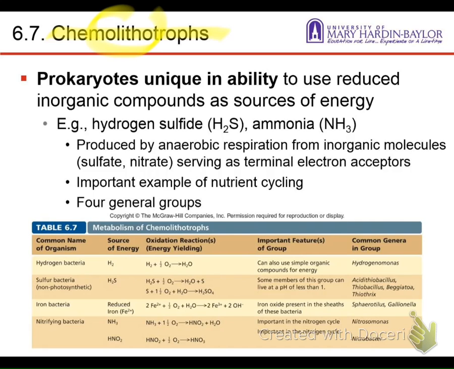Inorganic, right? That's what the litho part tells you, that they get their energy from inorganic molecules. And these guys typically are going to be heterotrophs, even though it's not listed on this slide. They're going to be chemolithoheterotrophs, meaning they get carbon out of other molecules, unless they're chemolithoautotrophs, and then what would they do?